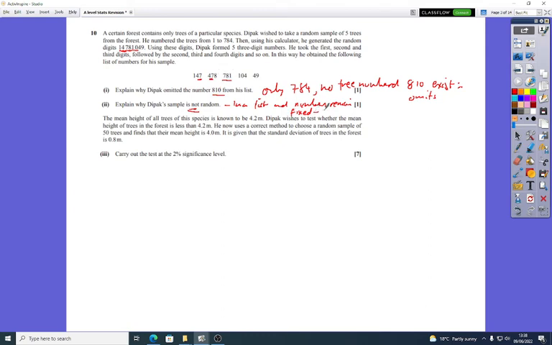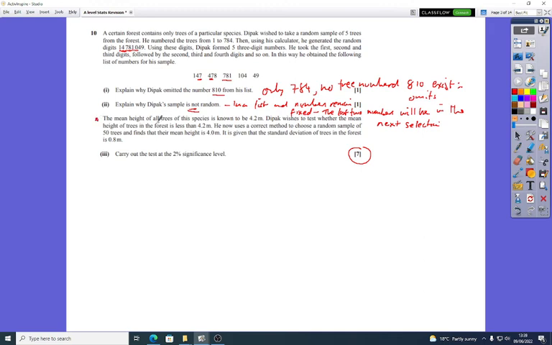Okay, so you can also say the last 2 numbers will be in the next selection, etc. So that's why it's not random. Okay. Right. So let's go on to the more important question, the 7 marker.